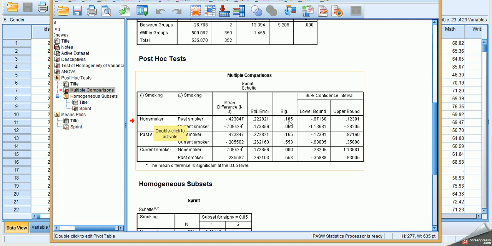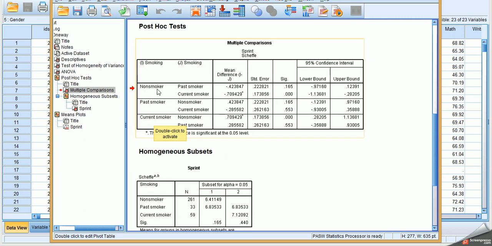So for non-smokers and past smokers, the significance is 0.165, which means there's no difference. Here the means are different between the non-smoker and the current smoker because it's 0.00. So there's a difference here and a difference here between the current and non-smokers. This one is the same as this one, and the rest have statistically equal means.